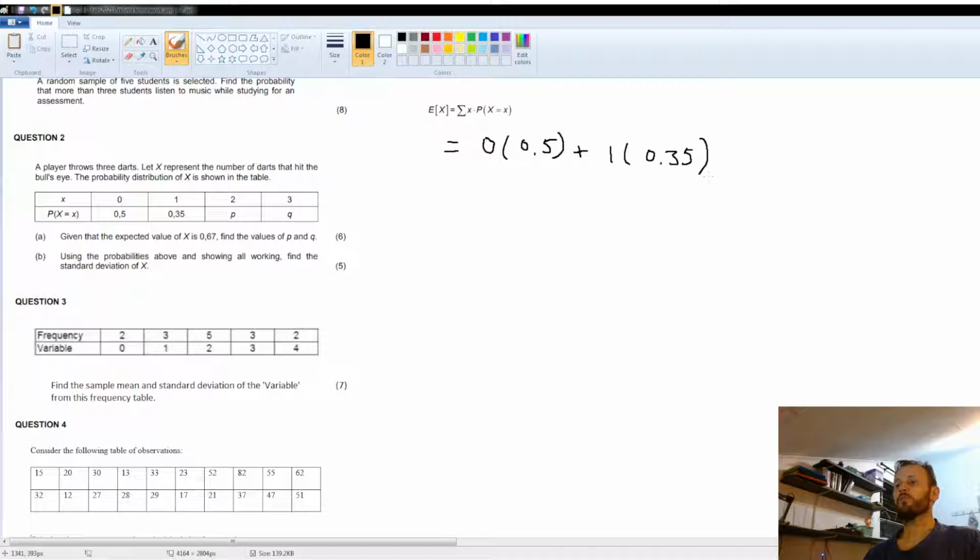Okay. This is a somewhat ambiguous question, but I'll show you the ambiguity in a second, and we will resolve the ambiguity in a second. Plus 2 times some probability, p, we don't know, plus 3 times some probability, q.